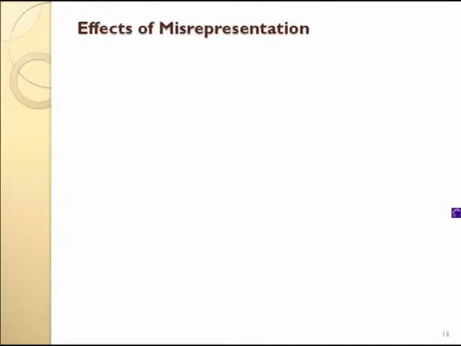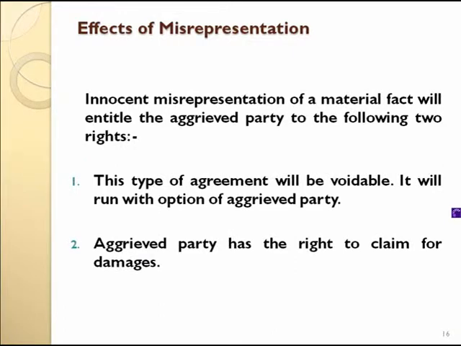Now what are the effects of misrepresentation? Innocent misrepresentation is telling wrong facts of any material knowledge to the aggrieved party. This kind of deal will always be known as a voidable deal. Here the court will ask the victim party whether to execute the deal or not.